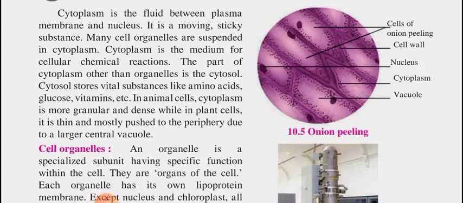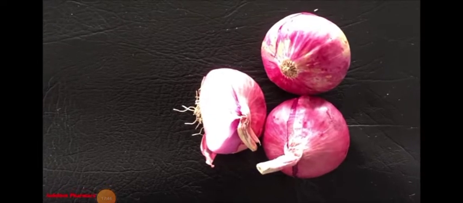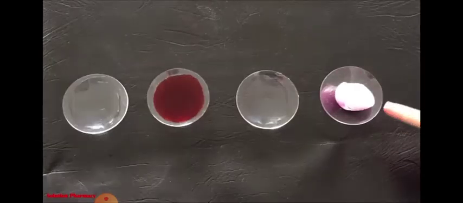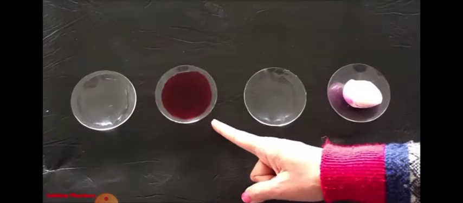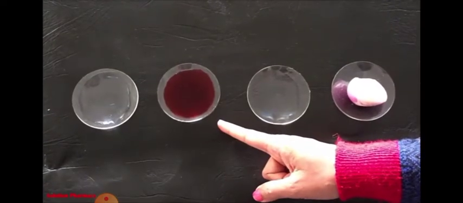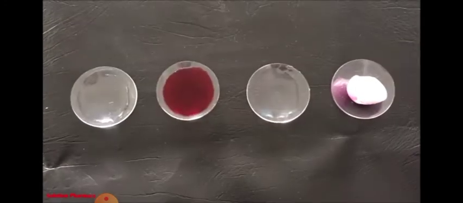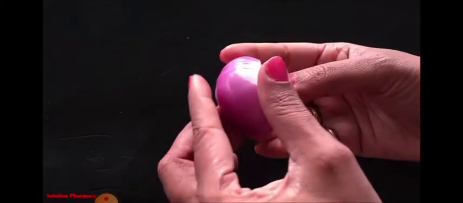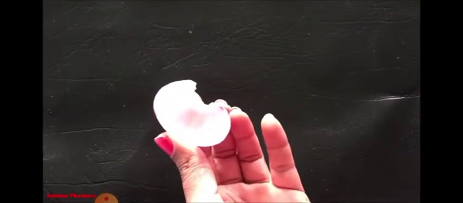Let me show you the onion peeling. Here I will show you how to observe onion peeling under a microscope. First of all, we are taking an onion. This is pure water, saffron mixed water, and another one is also pure water. First of all, we peel the onion, and we take a very thin layer which is present in the onion.